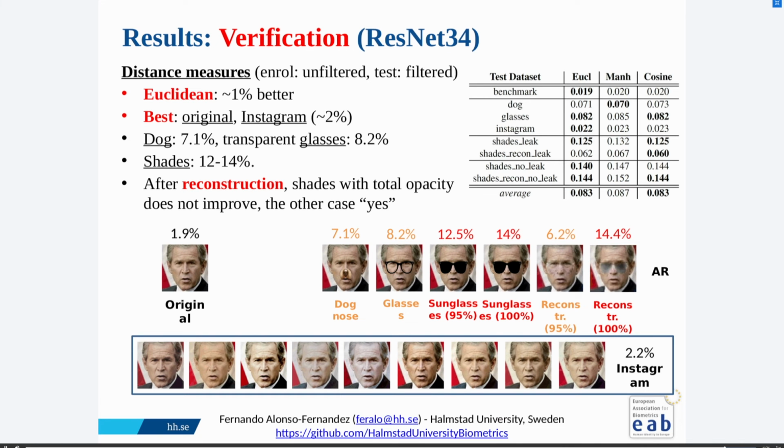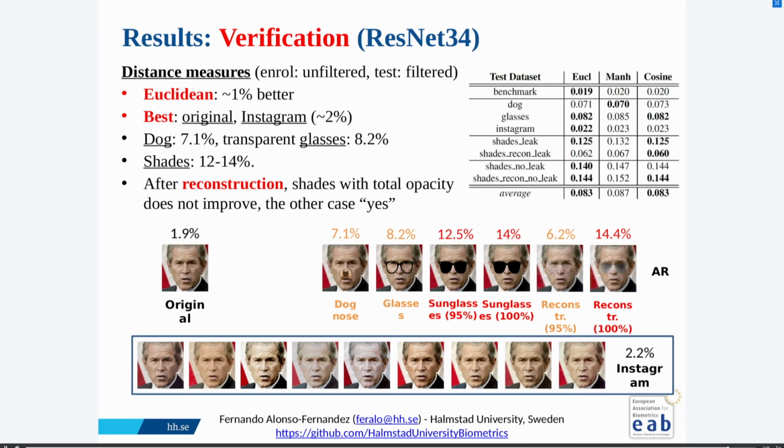And finally, we have the verification results only with distance measures. And again, here Euclidean seems to be a little bit better in the majority of cases. And again, in the original pictures or just the pictures modified with Instagram filters, that only modify illumination or contrast, you get an EER of around 2%.